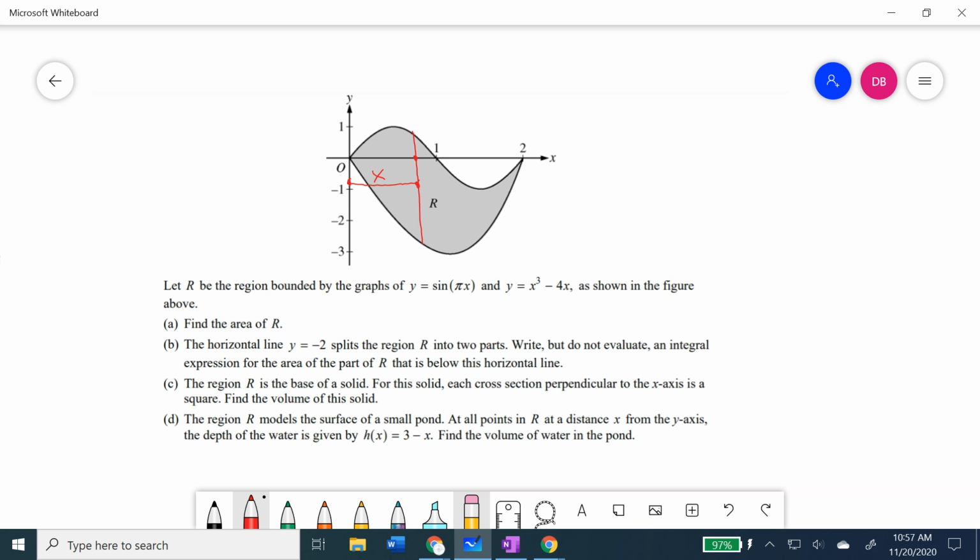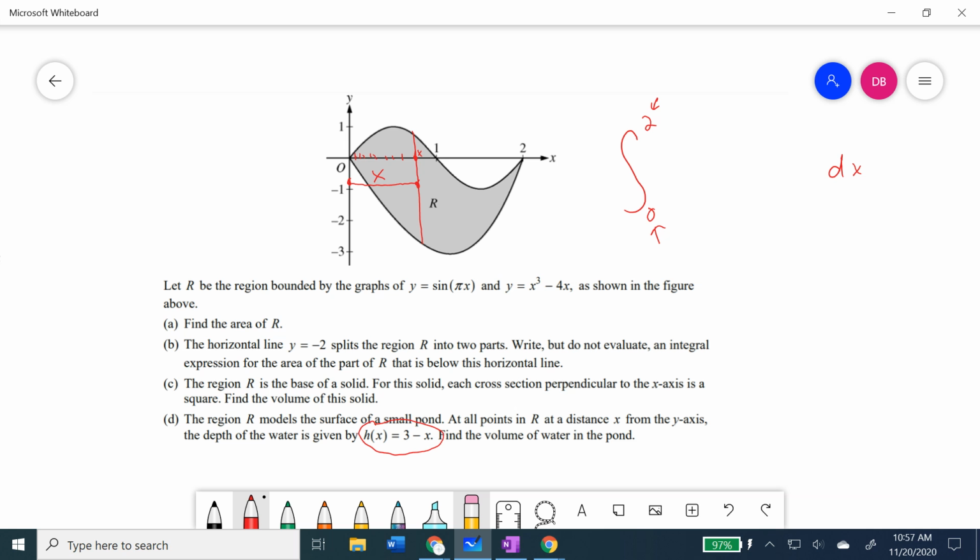So that means whatever x I am currently dealing with in my integral, because again, it's a dx integral going from 0 to 2, and as x travels from 0 to 2, I'm going ding, ding, ding with those x's. So at this particular distance, I have a specific x coordinate that I am on. And the depth of the pond is 3 minus whatever that x coordinate is.